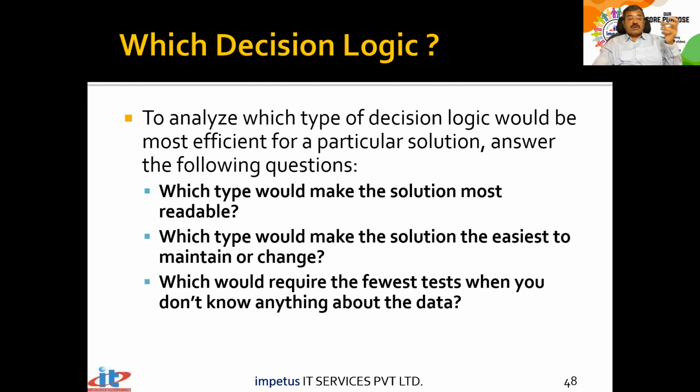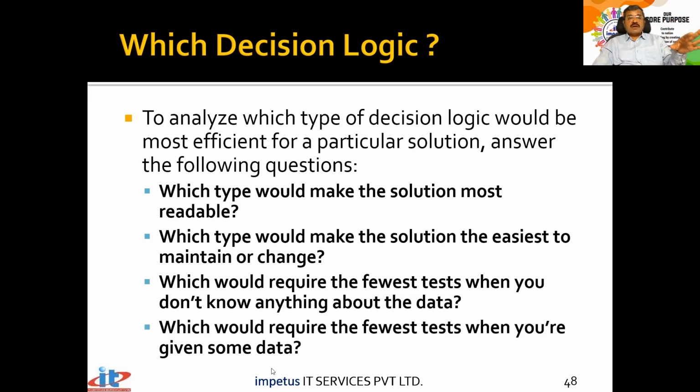When we do not know, you have to anticipate which way of writing the conditions would require you to test the fewest number of conditions. When you know about the data, which design would require the fewest conditions? Based on that, you will decide which logic has to be used.